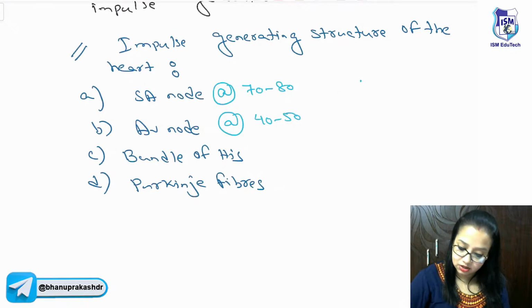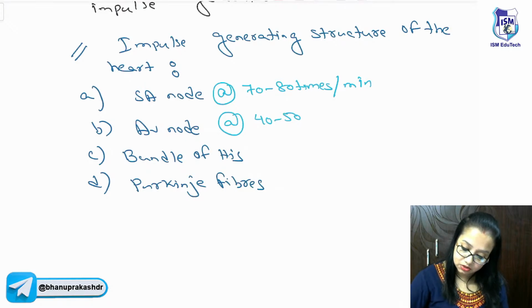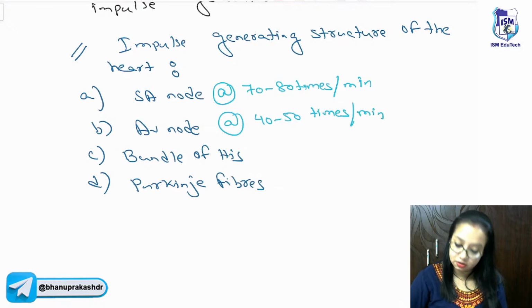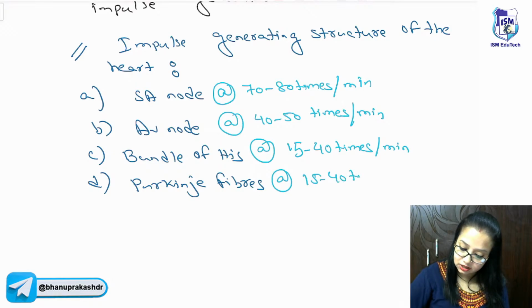So, 70 to 80 times per minute, because here we are talking only about the electric impulse. We'll come to the beat part of it later. With 40 to 50 times per minute, it's the AV node. Bundle of His and Purkinje fibers are much lower, about 15 to 40 times per minute.